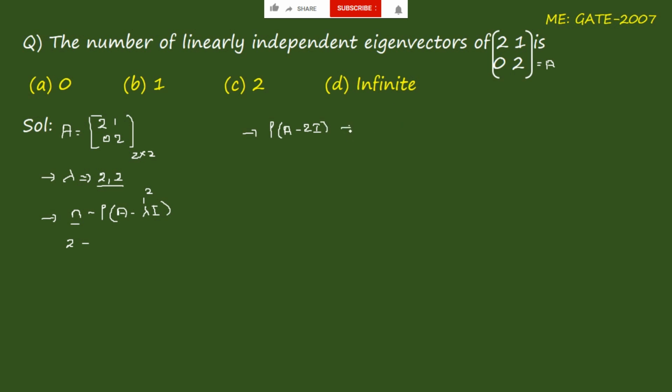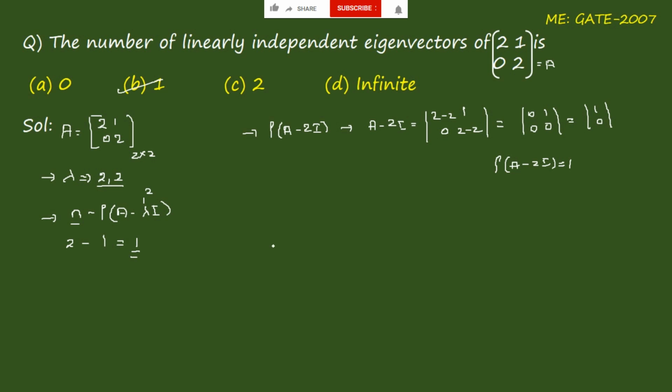So substitute it, we get A minus 2I is equal to nothing but it becomes 2 minus 2, 1, 0, 2 minus 2, which is equal to nothing but 0 0 1 0. So it becomes a column matrix, right? So rank of A minus 2I is equal to 1. So 2 minus 1 is nothing but 1. So we have only one linear independent eigenvector. So answer is option B.